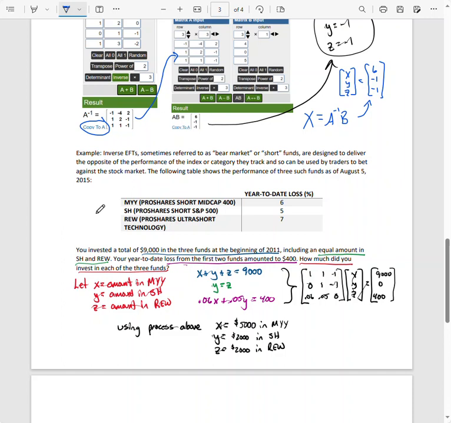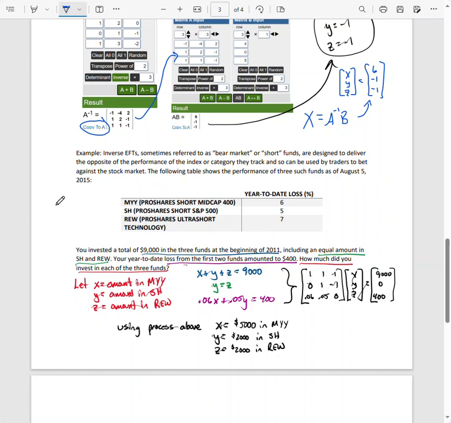Inverse ETFs, sometimes referred to as bear market or short funds, are designed to deliver the opposite of the performance of the index or category they track, and so can be used by traders to bet against the stock market. You don't always have to invest in the stock itself. For example, perhaps you would do an inverse ETF on the new mobile app X, formerly Twitter.